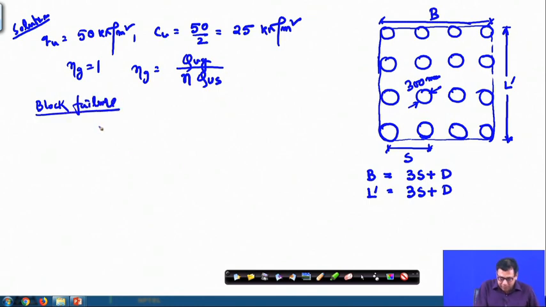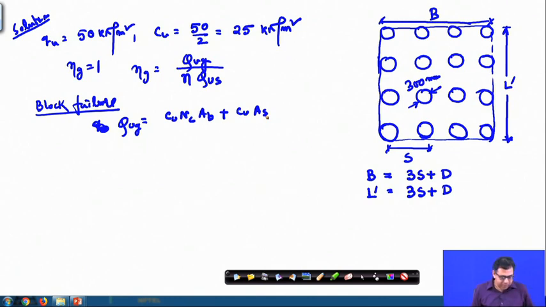In the block failure, QU in the group will be equal to Cu Nc into Ab plus alpha is 1, so Cu As.